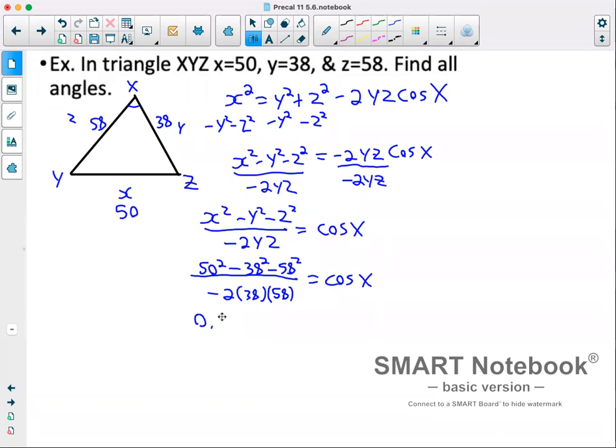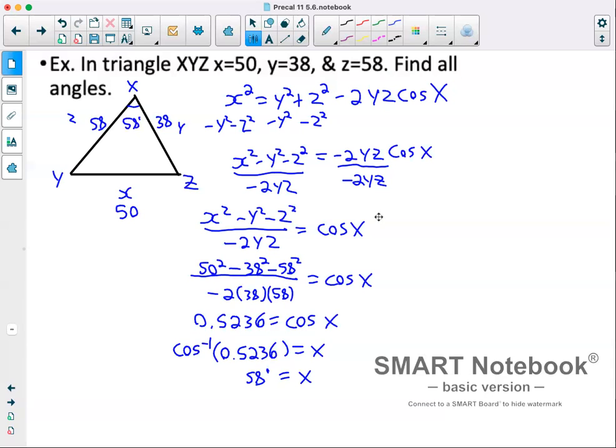So that gives us 0.5236 is equal to cos x. So if we go cos negative 1 of 0.5236 is equal to x, that gives us 58 degrees. So we now have one angle. We still need to get two more.